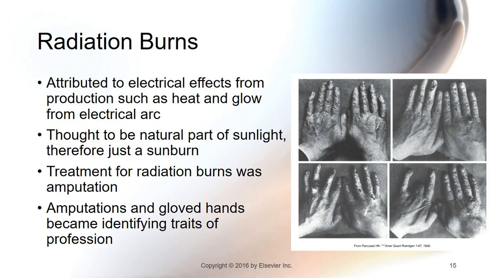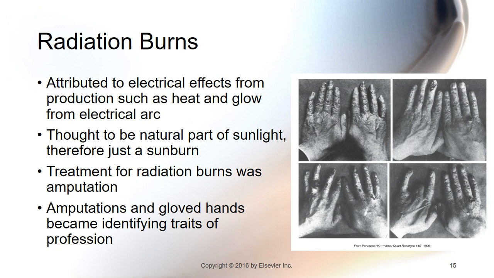But because the radiation burns did not occur immediately after exposure, a lot of people didn't make the connection. So they thought that it was just an electrical effect that happened from these x-rays, not the radiation itself. And some people even thought that it was just part of sunlight, so it was a sunburn. And when this happened to their hands, all they knew to do was just to amputate it.